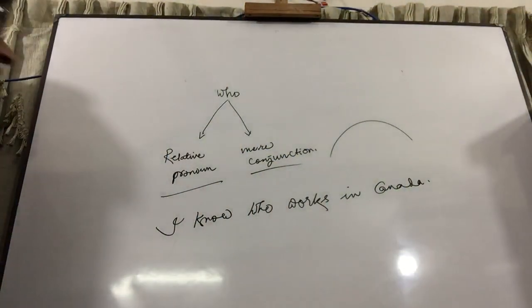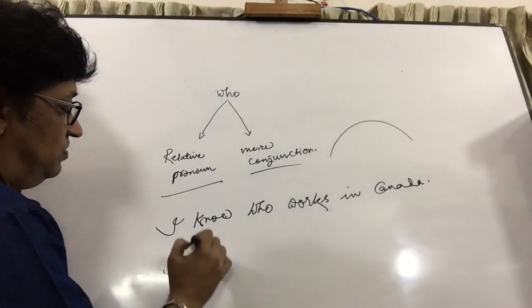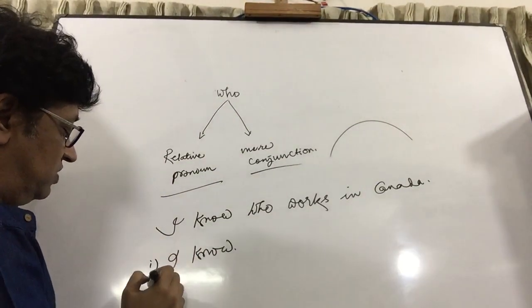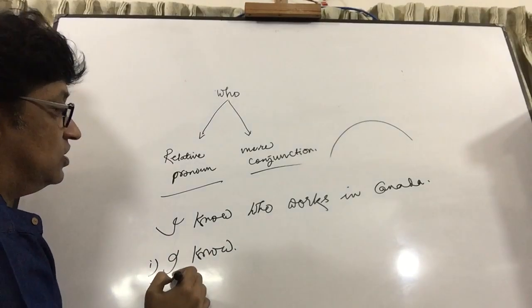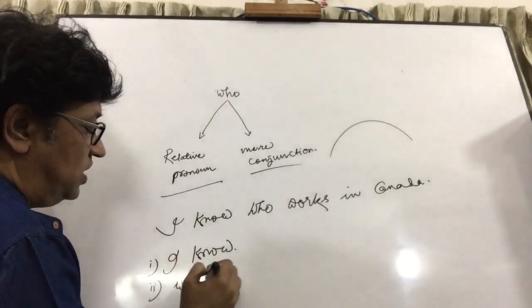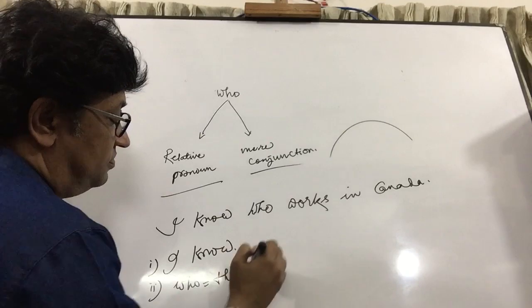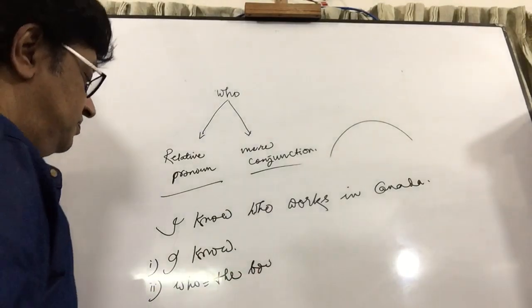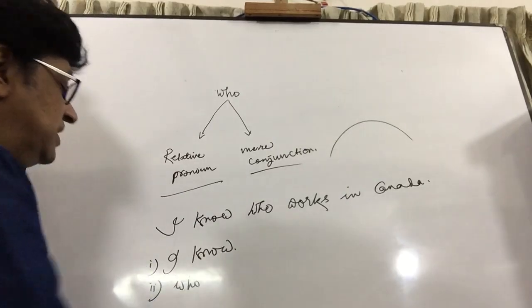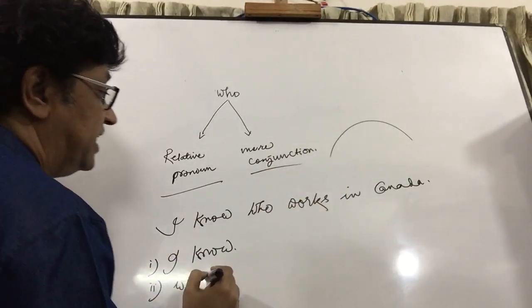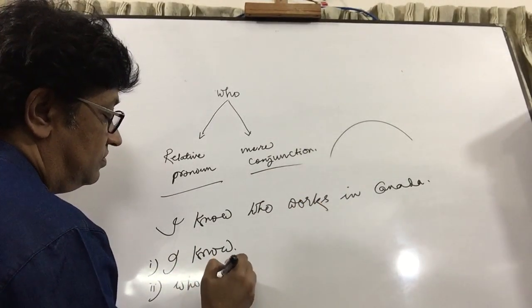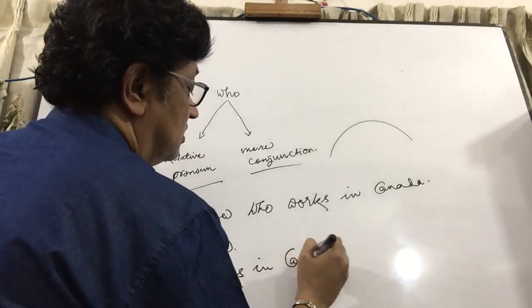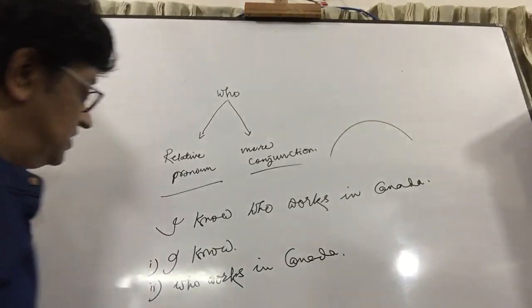Here in the sentence, I know is a complete simple sentence. Next, who means what? The boy, or someone. Who, that is, who works in Canada?